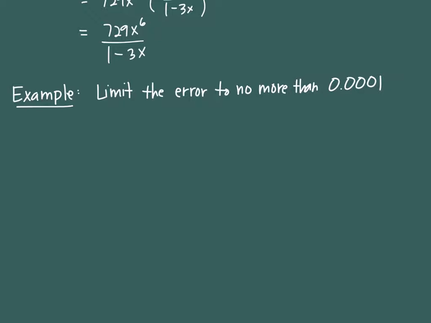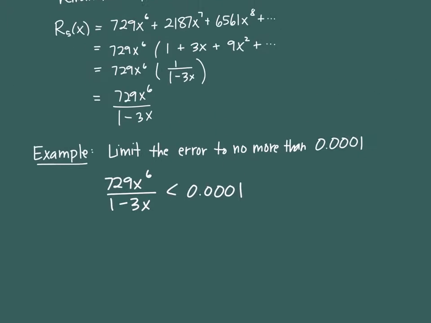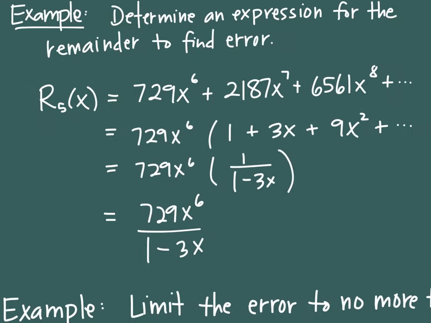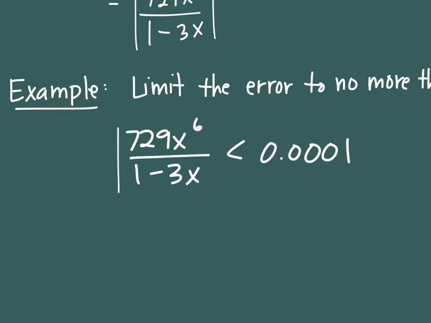So you take the expression you just found for the error, which is 729x to the 6th over 1 minus 3x, and you make sure that that is no more than 0.0001. I should have put the error's absolute value, so this is absolute value.